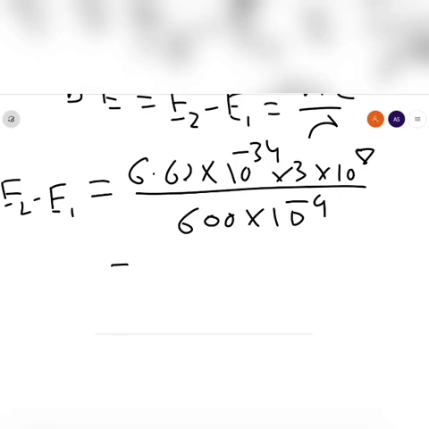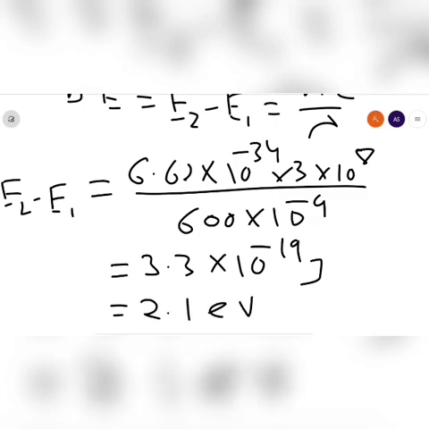Then your result is around 3.3 into 10 to the power minus 19 joule. And in electron volt, you divide by 1.6 into 10 to the power minus 19, you will get the result 2.1 electron volt.